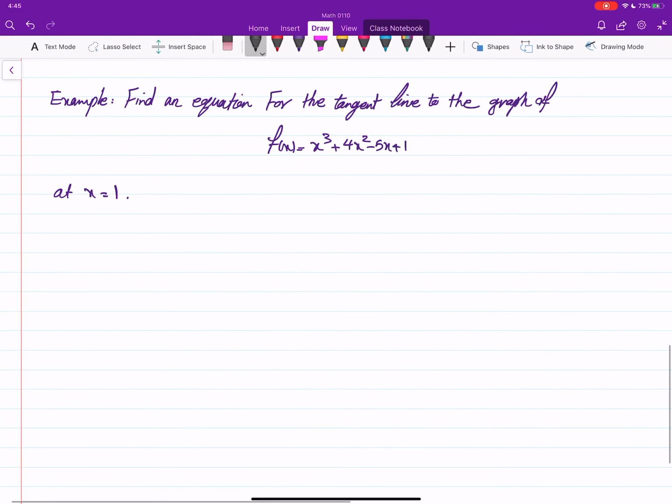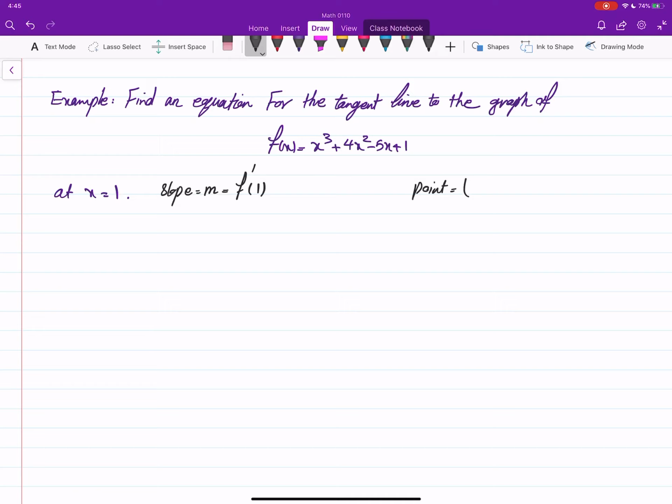We are trying to find an equation for the tangent line to the graph of the function at the point x equal to 1. So remember that to find an equation for any line, you need first a slope, which in the case of the tangent line is the derivative of the function at x equal to 1. And we need a point.